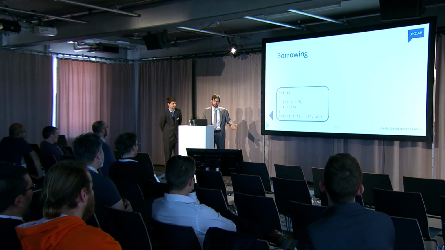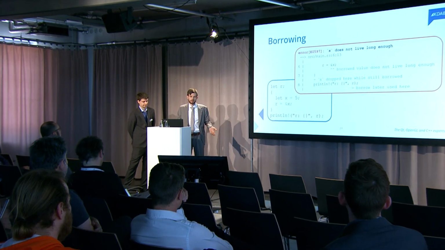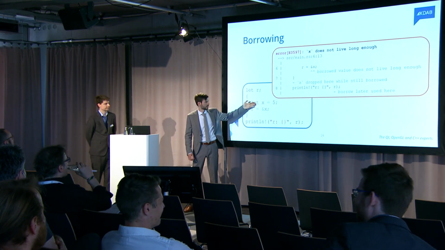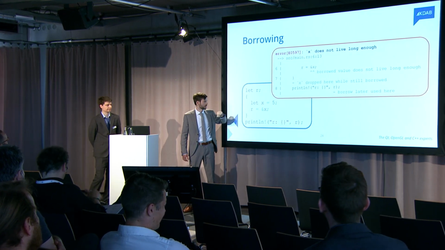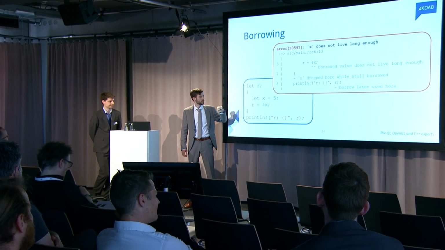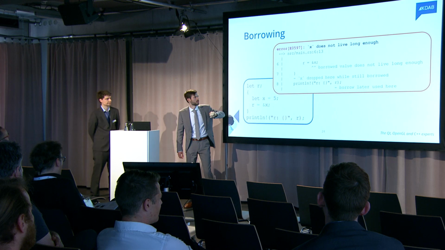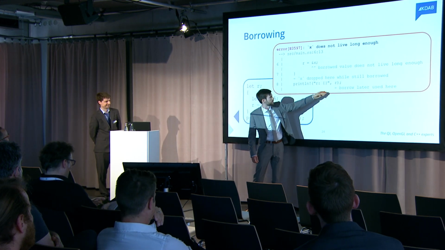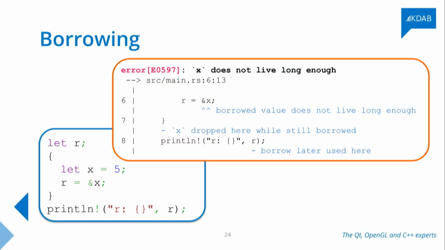That's something that could easily happen in C++. But again, in Rust, because we actually have made that ownership explicit, like X must be the owner of that thing, and it knows where that ownership ends, it can also know that that reference is no longer valid. And then again, it gives us a very helpful message that shows us all the steps involved. This is where it breaks, this is where our ownership ends, and that's where we try to borrow it.